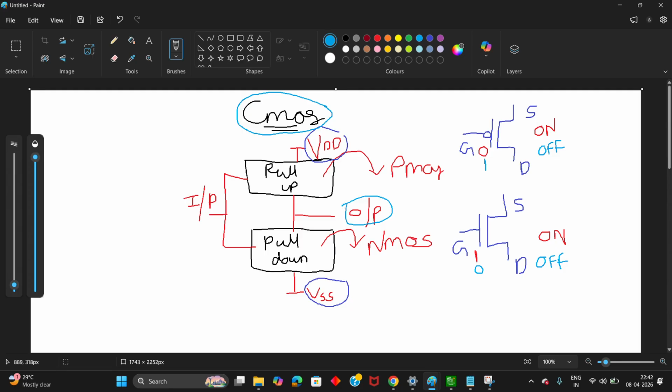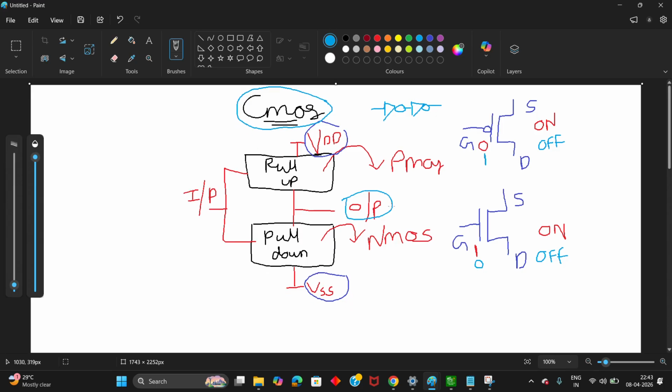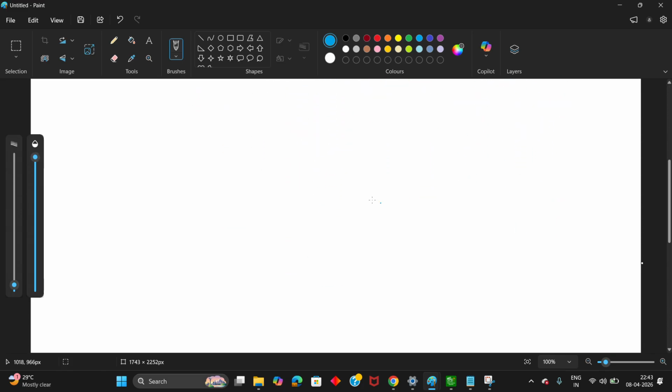To make a buffer, you need to connect two NOT gates in a cascading manner, or in a series manner. So the point is why CMOS is called complementary: at the output we get the complemented outputs. Okay, this is clear.